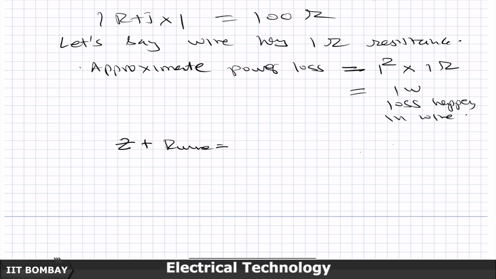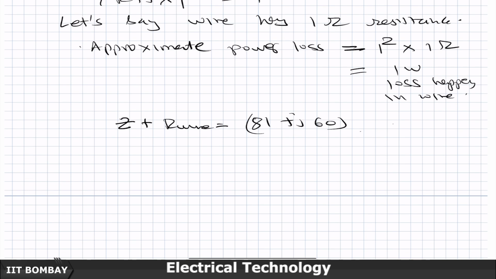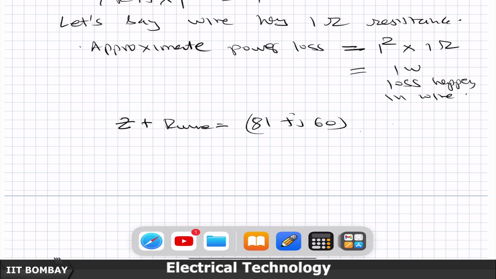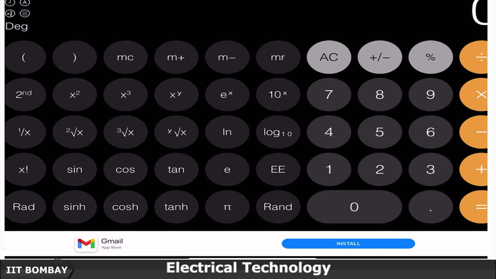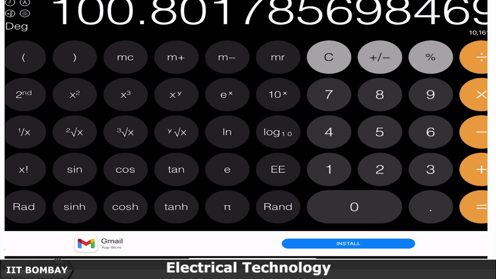This 1 ohm has become 81 plus j60, and so now let us do the calculation here: 81 square plus 60 square, and then let us look at the square root. So, 100.8.